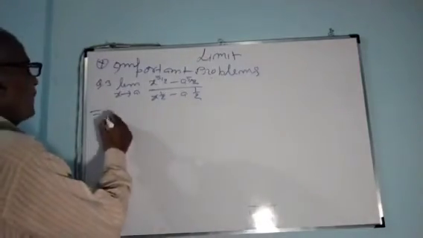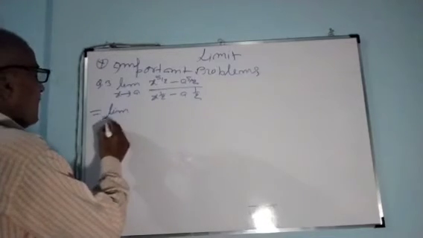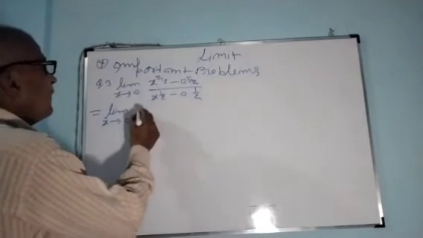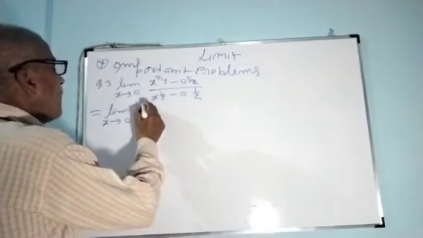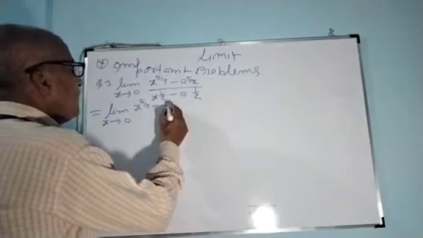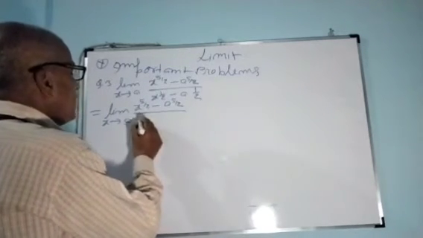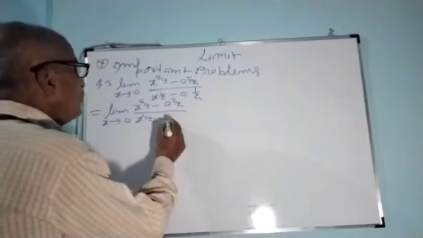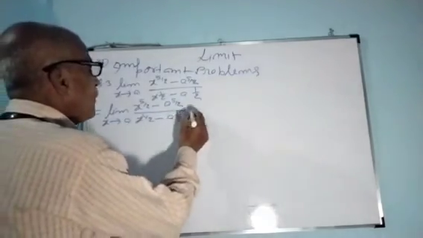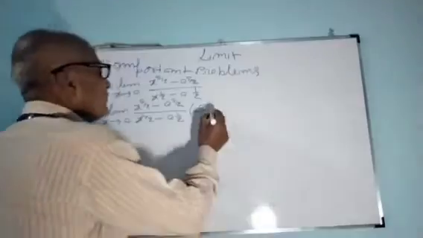Let us see. Limit x tends to a, x to the power 5 by 2 minus a to the power 5 by 2 by x to the power 1 by 2 minus a to the power 1 by 2. This is 0 by 0 form.